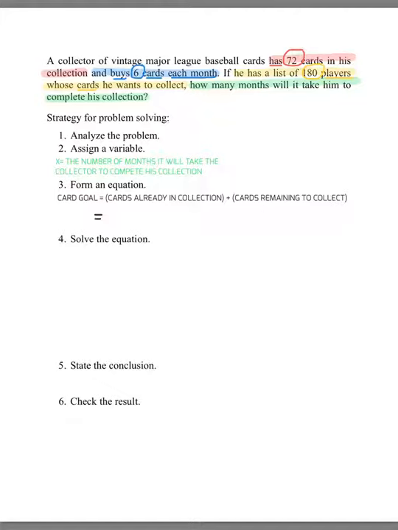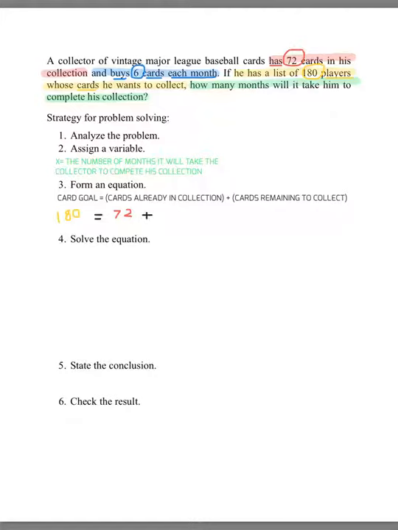So the card goal, well, we know he wants to collect a total of 180 players' cards. So the card goal is 180. And the cards already in his collection, well, that was also given to us. We know that to be equal to 72. And we want to add to that the cards remaining to collect.